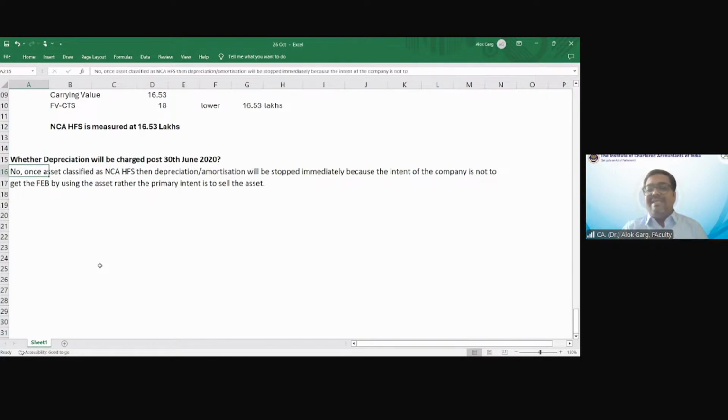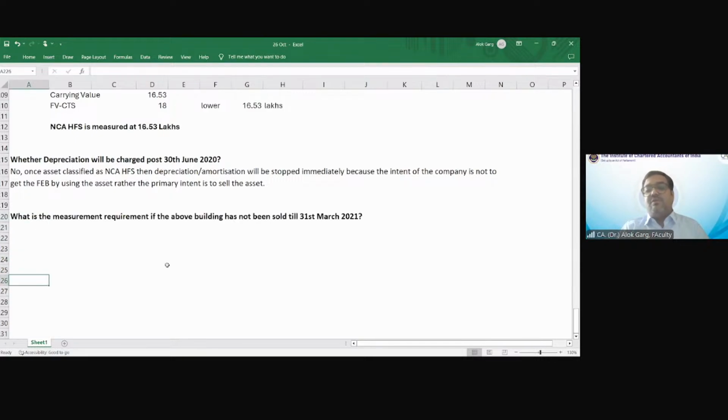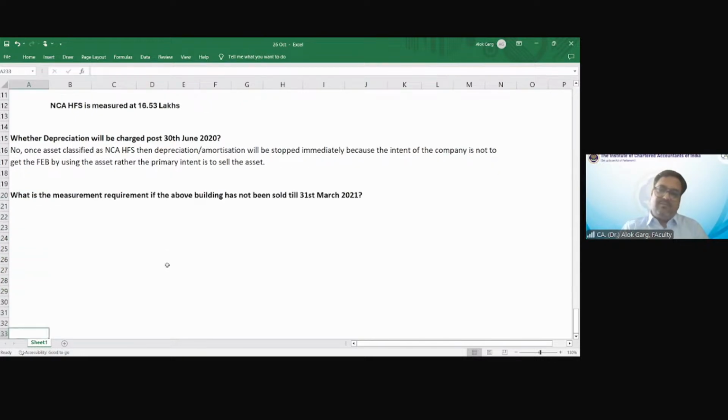No. Once the asset is classified as NCA HFS, depreciation and amortization will be stopped immediately, because the intent of the company is not to use the asset. The intent of the company is to sell the asset. Now, what is the measurement requirement if the above building has not been sold till 31st March 2021? Subsequent measurement.